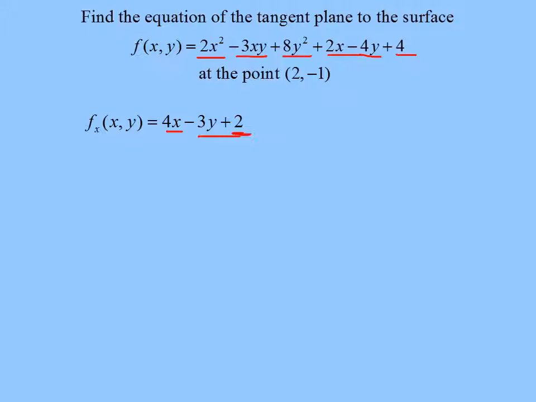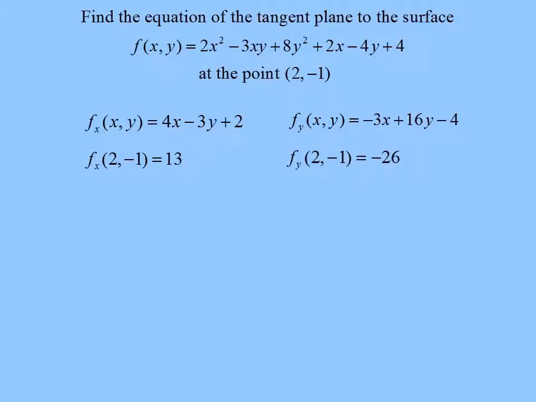We need to substitute the point 2, -1 in place of x and y. So that's our partial with respect to x at the point 2, -1. Let's do the same thing with y. Here's the partial with respect to y. We plug in the values.